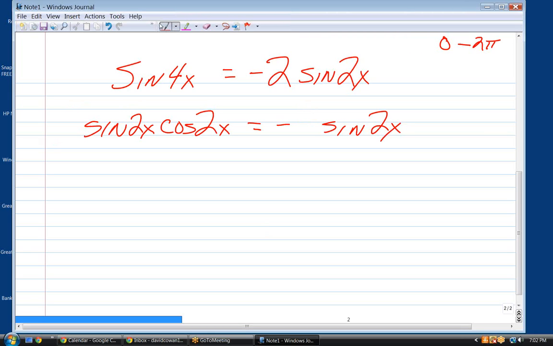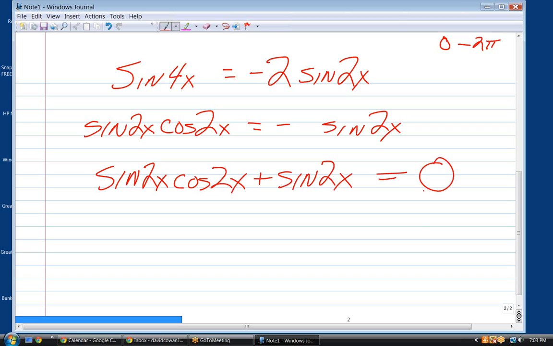Now, there's a danger in dividing both sides by the sine of 2x. So let's not do that. Let's add sine of 2x to both sides. So we have sine of 2x cosine of 2x plus sine of 2x equals 0.